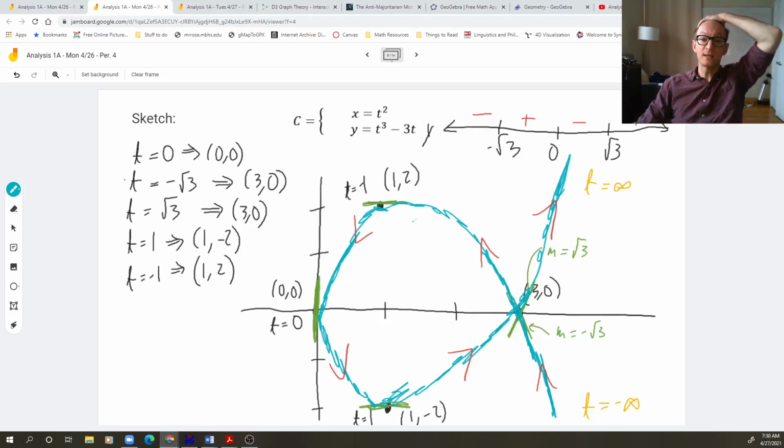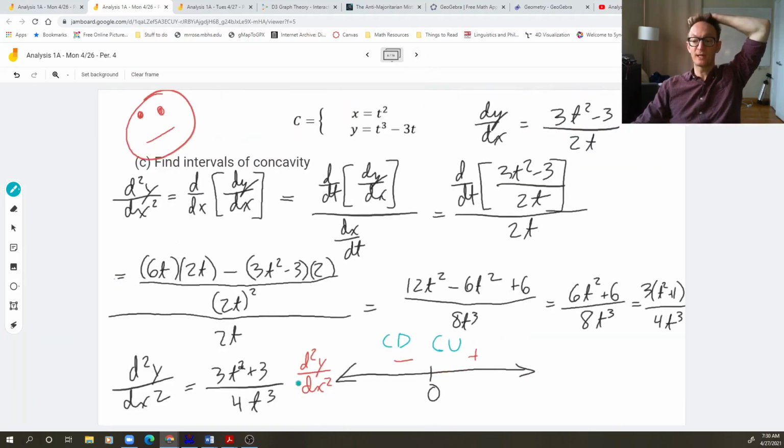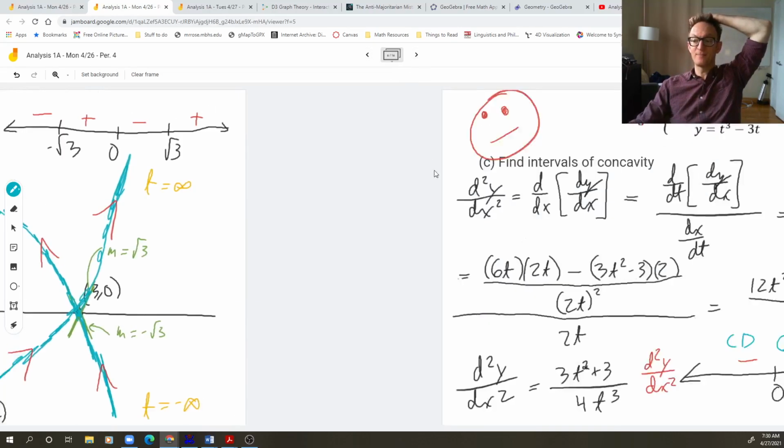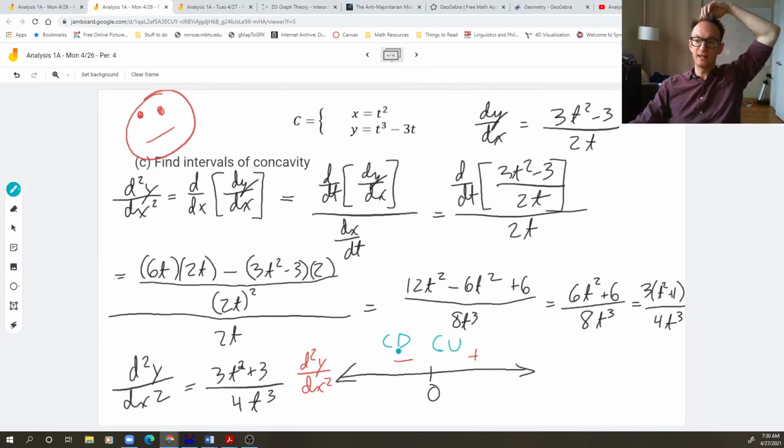And so indeed, dy dx is decreasing with respect to x on this parametric curve on negative t intervals, which is what we got in the calculation. We predicted correctly that the curve was concave down, and that prediction comes from asking the right question, which is what is happening to dy dx with respect to a small change in x.